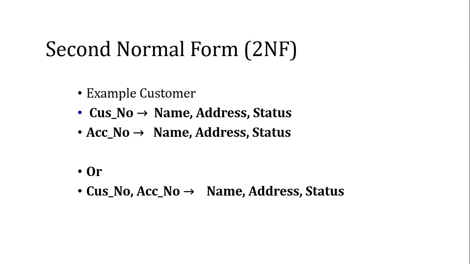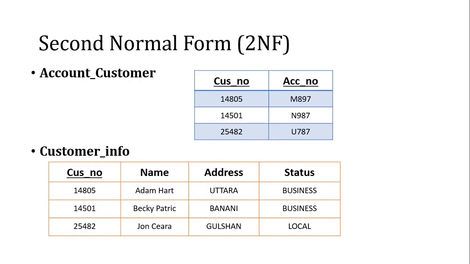But here we see that if we delete the customer no., there will be an impact, because customer no. is fully controlling the name, address, and status. If we delete the account no., the same thing will happen again. So what will be the solution then?